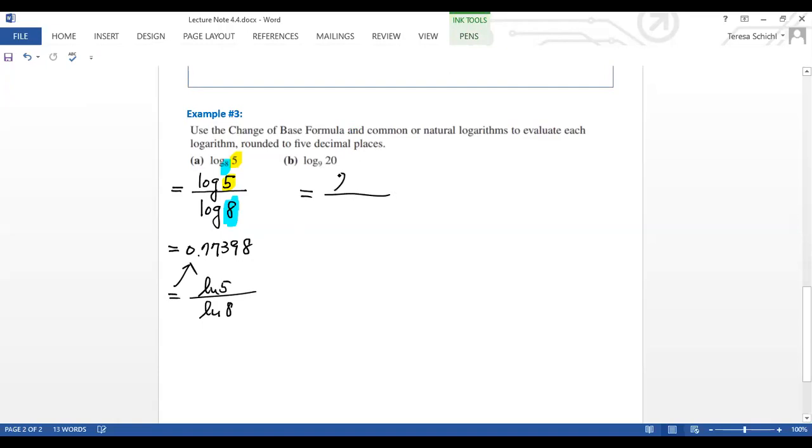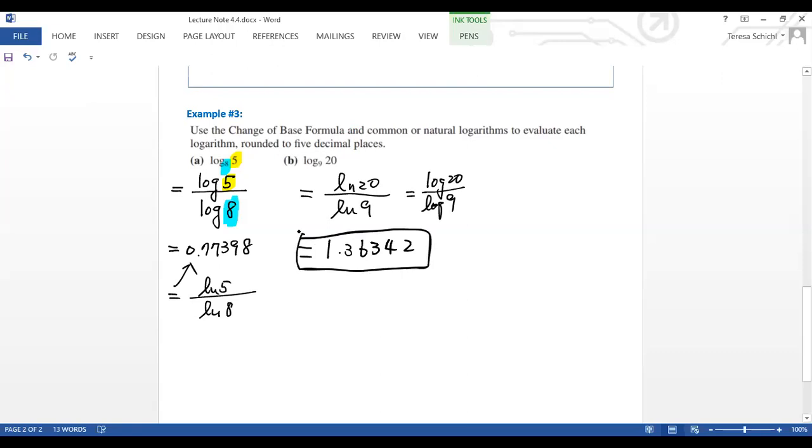You can say, I want to do ln 20 and ln 9, or you can do log 20 and log 9. They will give you the same ratio. So this one here is 1.36342.